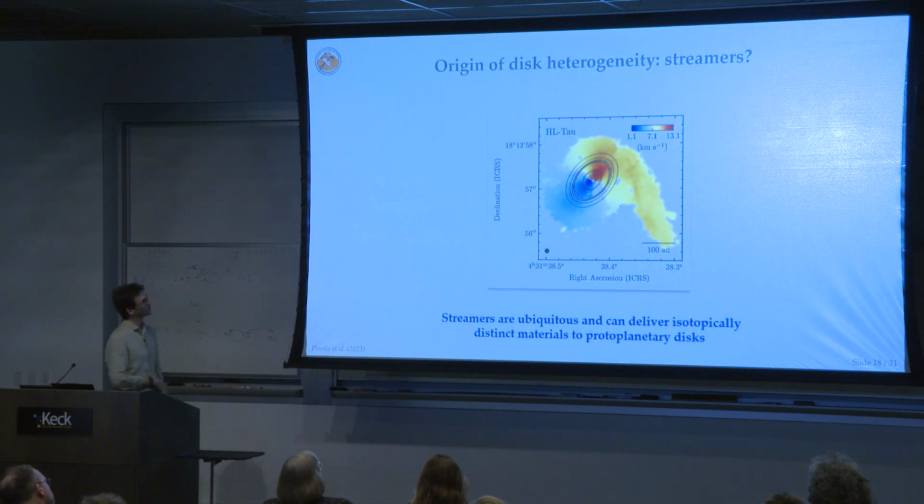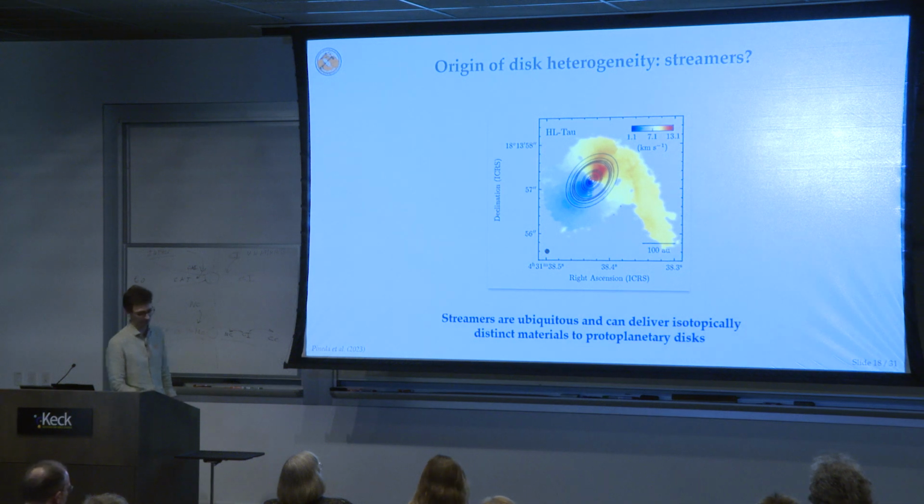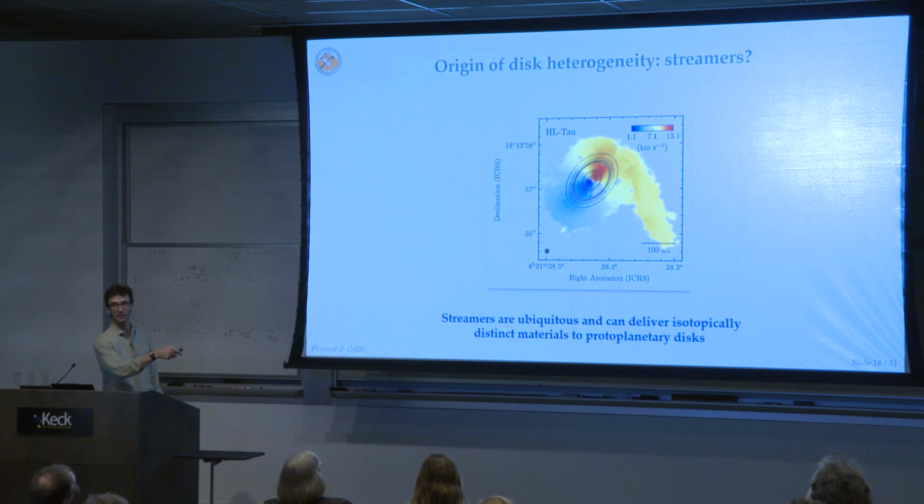Astronomical observations show us that this is a very likely scenario, actually. So what you're looking at here is the ALMA system, the same image that I showed earlier for reference. And those colored regions are showing the relative speed of the gas parcels as seen through observation.